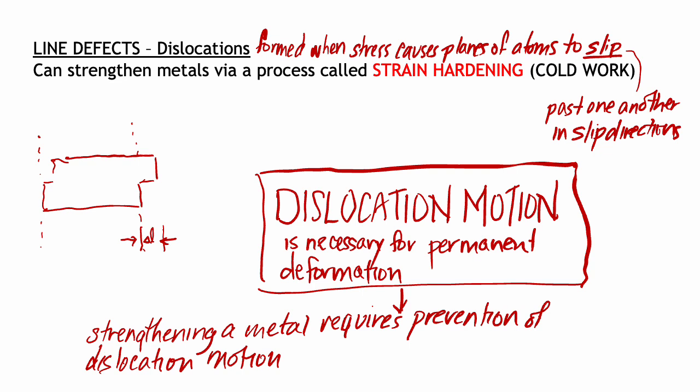All right. So I want to maybe start a flow chart here to talk about what these defects are doing. In order for deformation to occur, dislocations have to move.